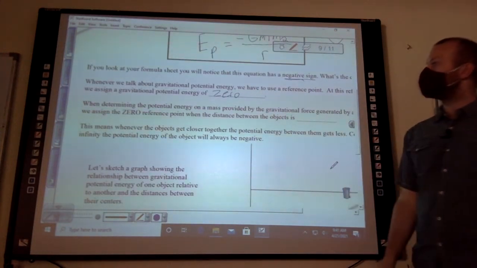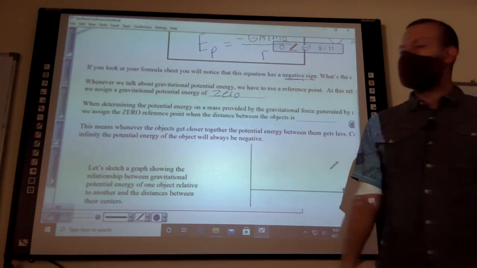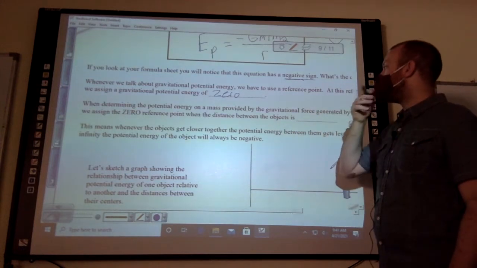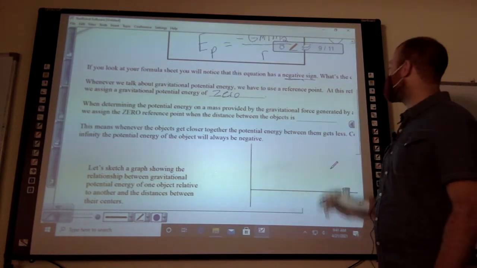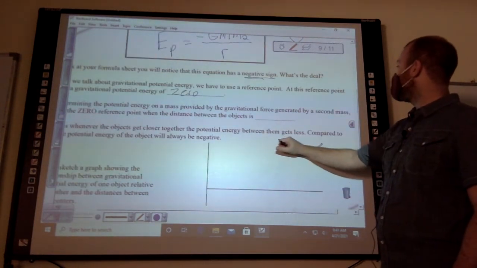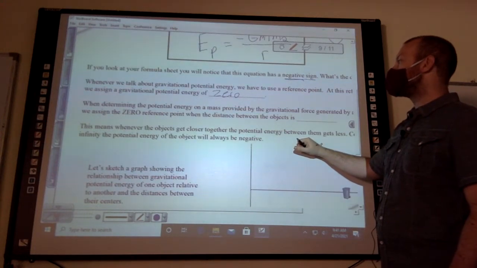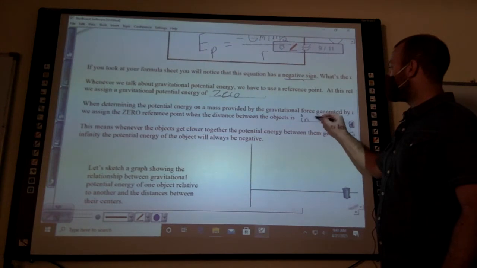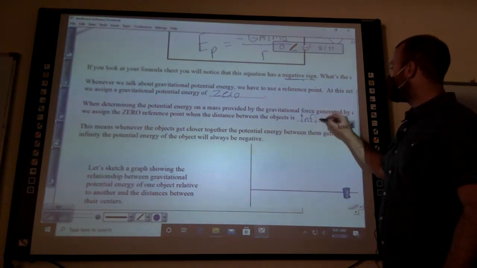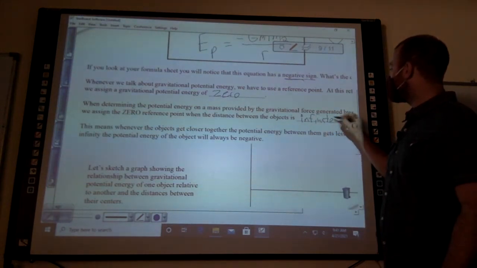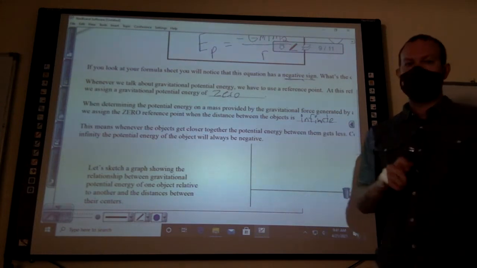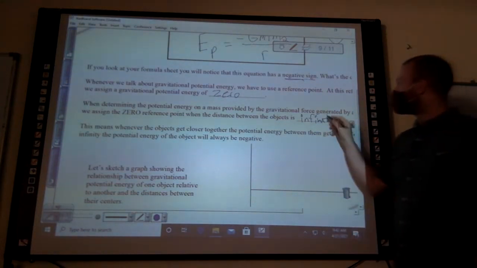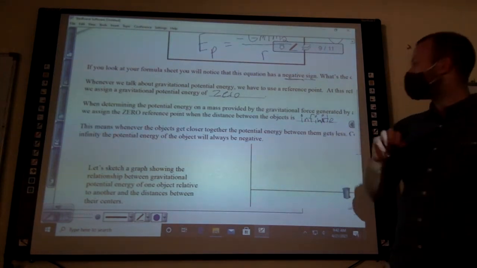Specifically in these cases, by second mass, we assign the 0 reference point when the distance between the objects is infinite.